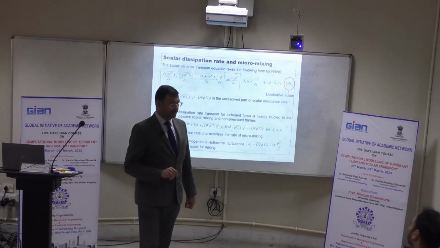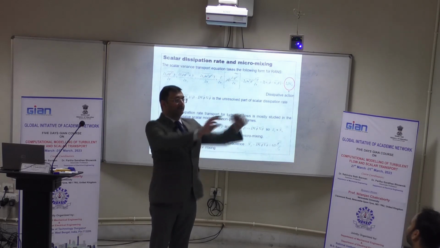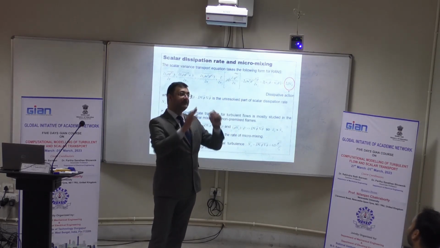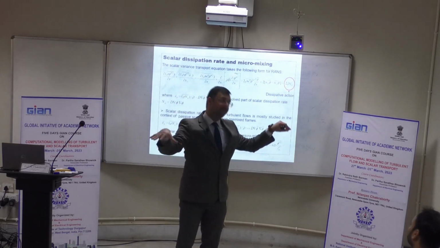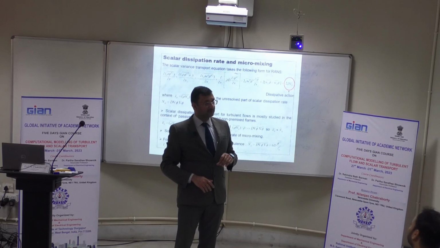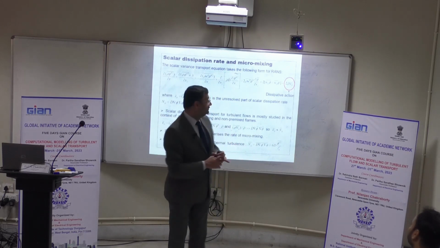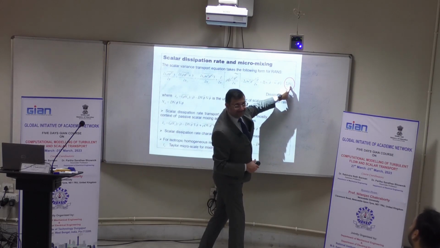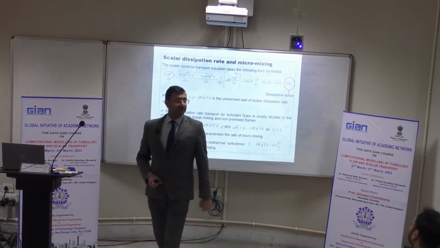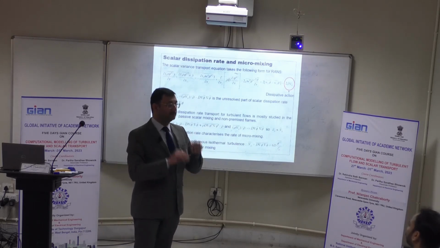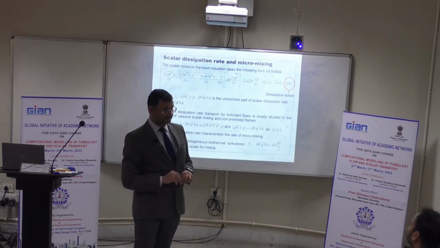What I mean by micromixing is, if I consider a mixing field, the mean concentration might be the same everywhere, but fluctuations may exist on top of that. Here, this one is responsible for killing the fluctuations. So if you have a system where there is no fluctuation, there is a completely micro-mixed state.